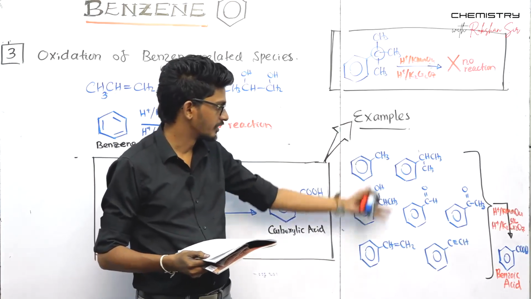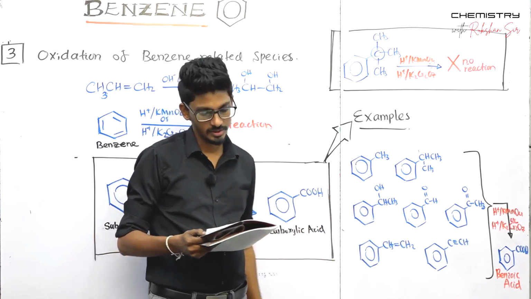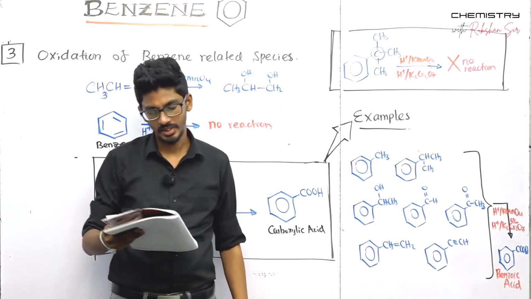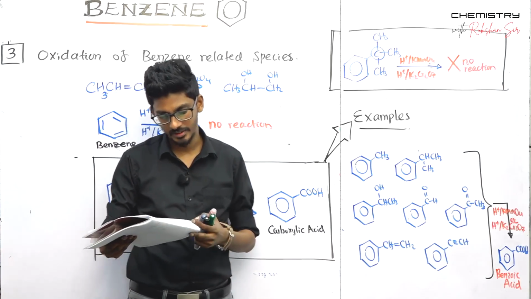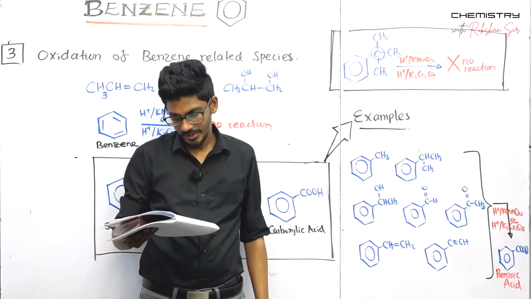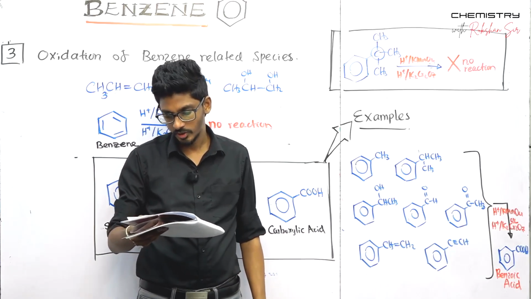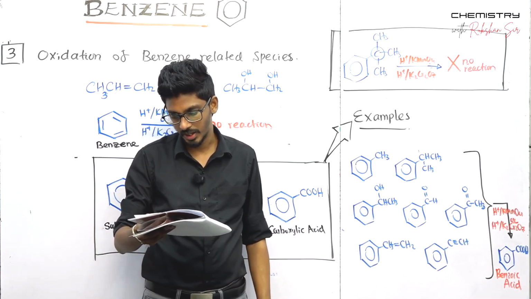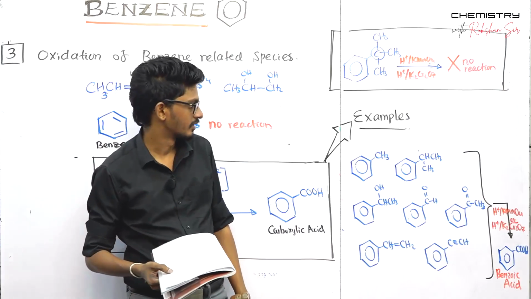So all of these guys are able to produce the benzoic acid, right? So ultimately it is mentioned in this thing, they are saying tertiary alkyl groups do not get oxidized under the conditions in which primary and secondary alkyl groups get oxidized.